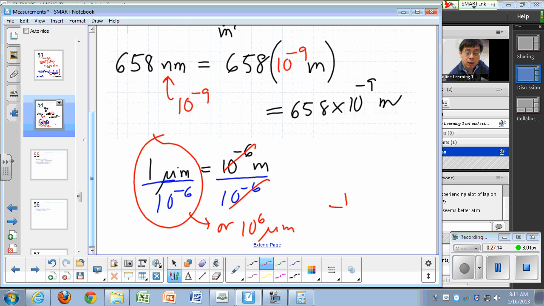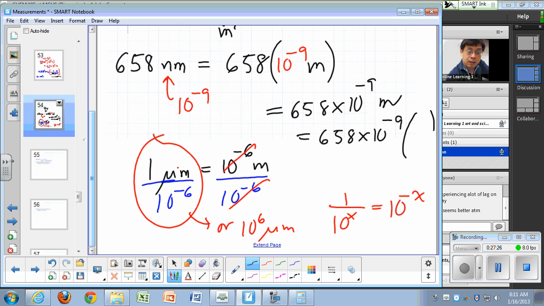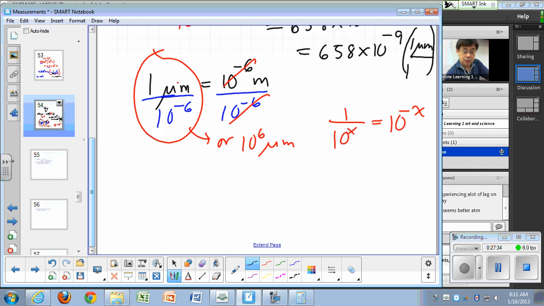So remember, 1 over 10 to the x is the same thing as 10 to the negative x, right?